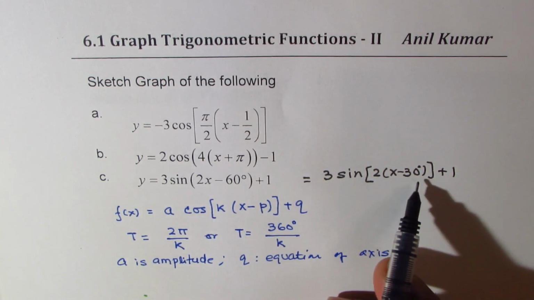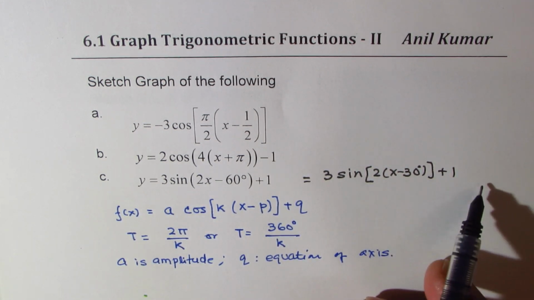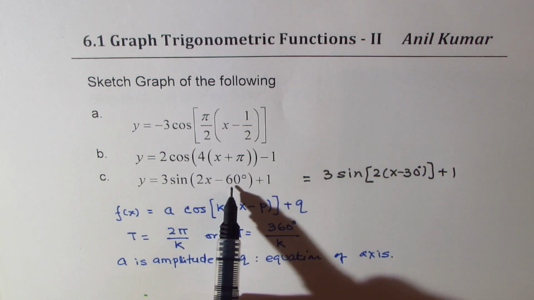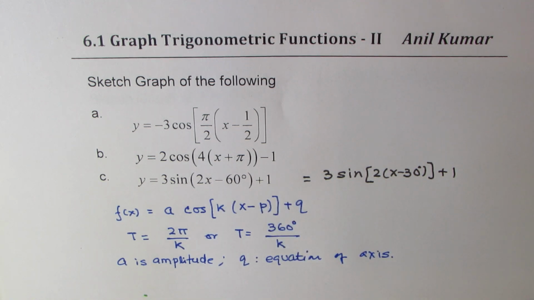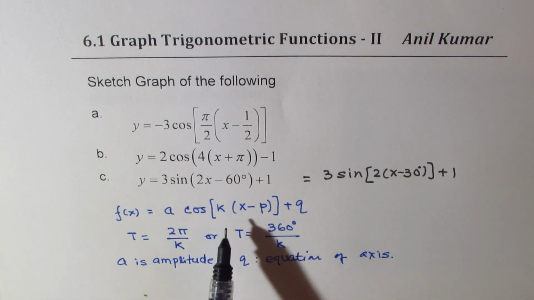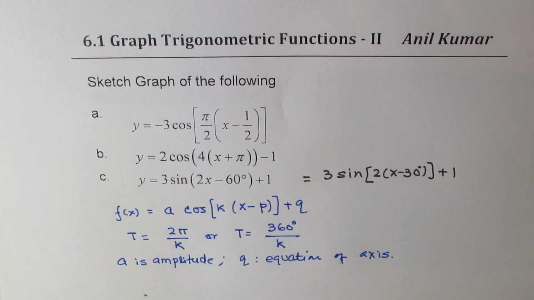Now it is clear that the phase shift is 30 degrees to the right. Otherwise, you might make a mistake. Correct? So these are a few things to look at when we see the equation. Once you have the equation in the required form, we should work with them. Correct? So let's begin to sketch them one by one.